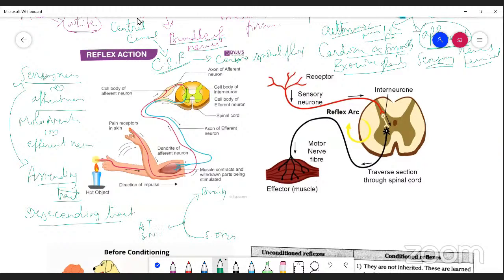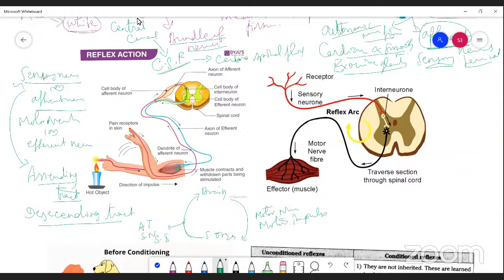That impulse is known as the sensory impulse. Sensory impulses are carried by the sensory neuron from the sense organ to the brain. That tract is known as the ascending tract. The impulses carried from the brain to the sense organ by the motor neuron are known as the motor impulses.